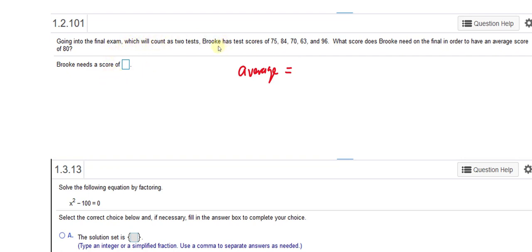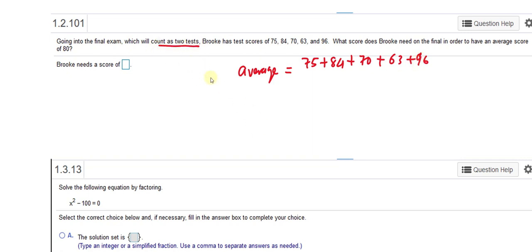So he has the test scores of 75, 80, 84, 70, 63, 96. So these are the previous tests. You add those together. Now the final counts as 2 tests, right?